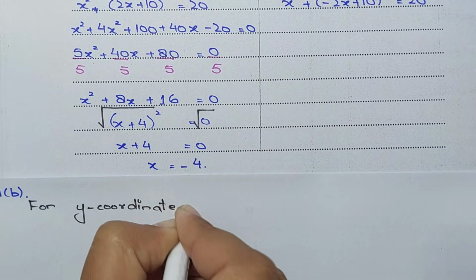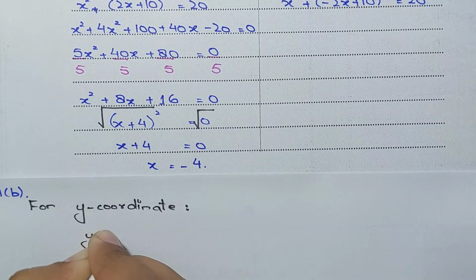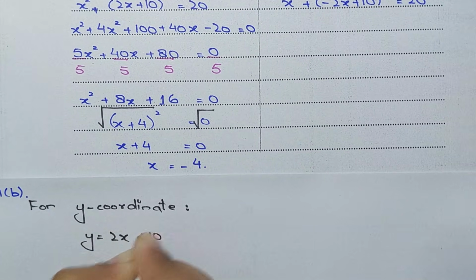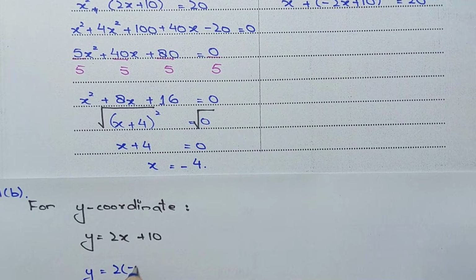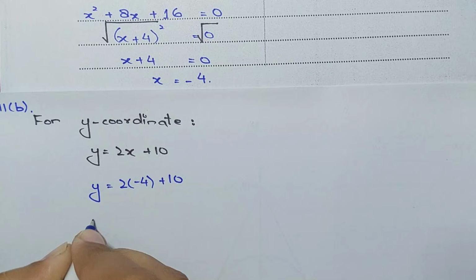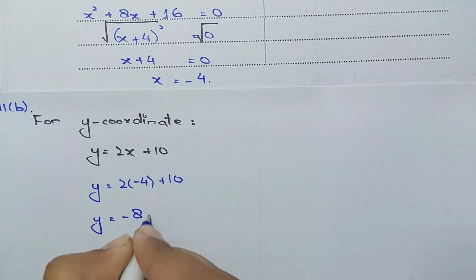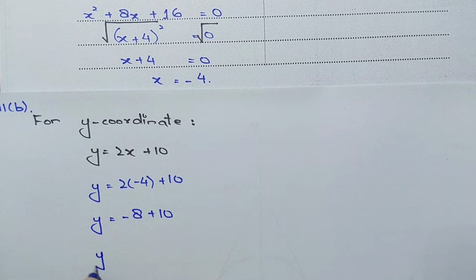You have to put x into the tangent y equals 2x plus 10. X is negative 4, so 2 into minus 4 plus 10. 2 times 4 is 8, so y equals negative 8 plus 10. So the y coordinate is 2. Now we have the x and y coordinates, which are negative 4 and 2.